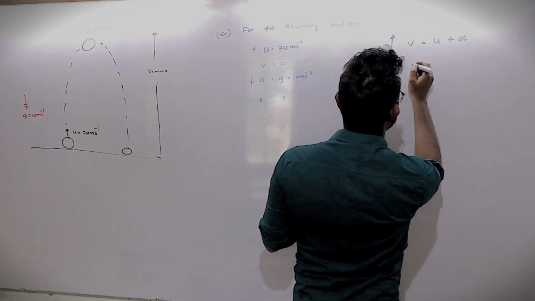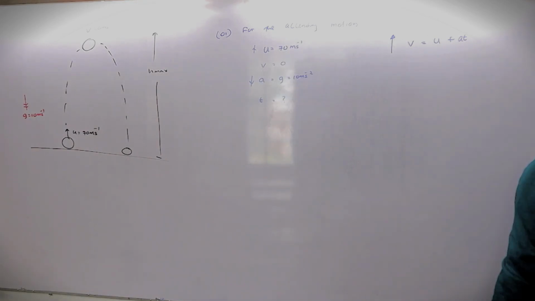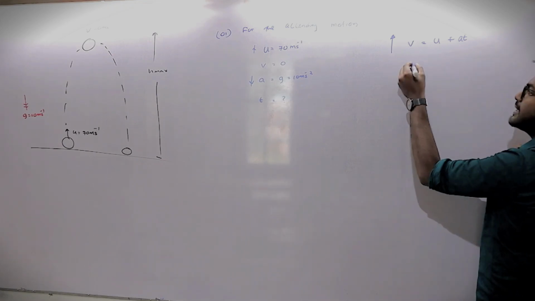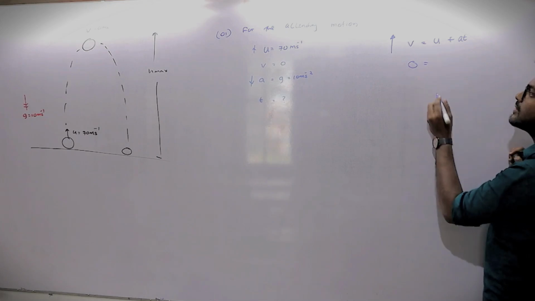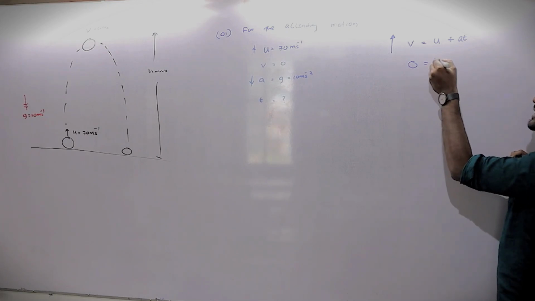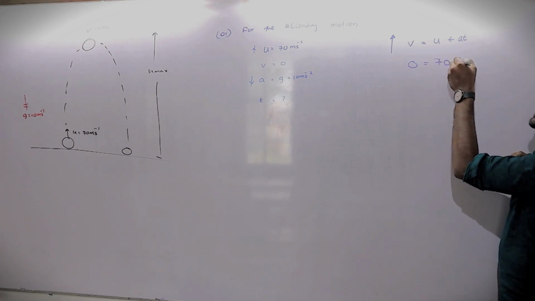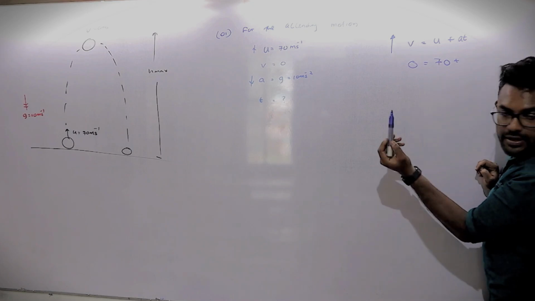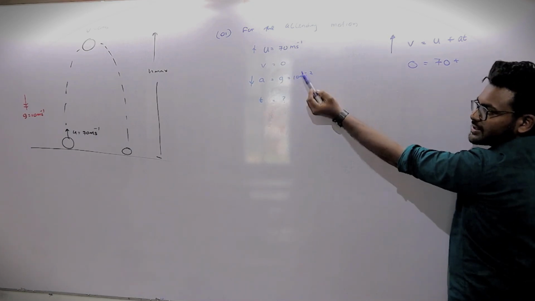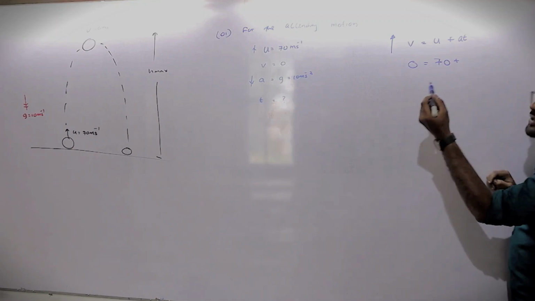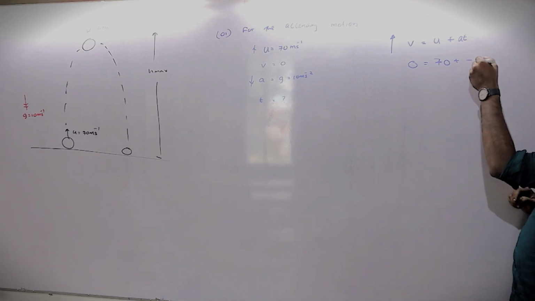So on the left hand side this is 0, and this equals u, which is 70, plus, since I am putting the equation upwards but the acceleration due to gravity is downwards, minus 10 into t.